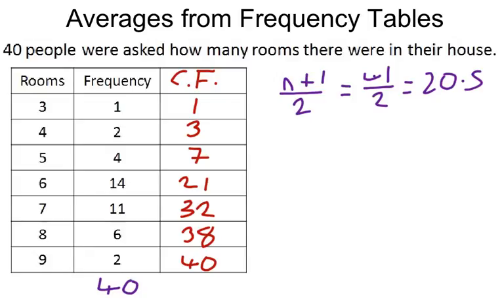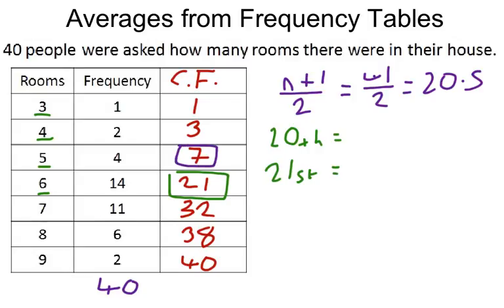Now we are looking for the 20th value and the 21st value, so we can find the midpoint of those to give us the median. Now the first 21 values are either a 6, a 5, a 4 or a 3. But we know the first 7 of those are 5s, 4s and 3s.